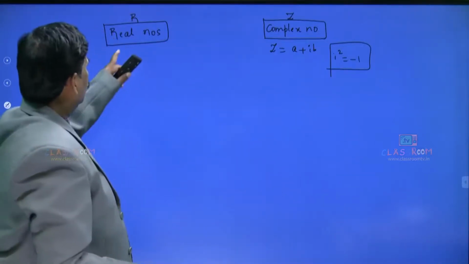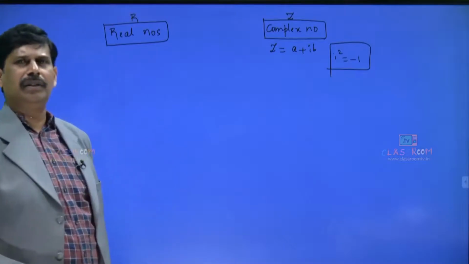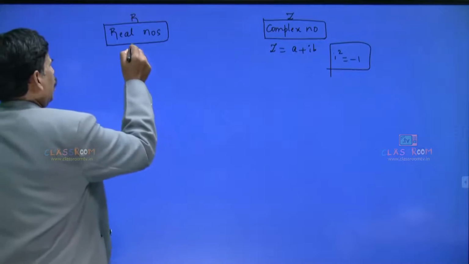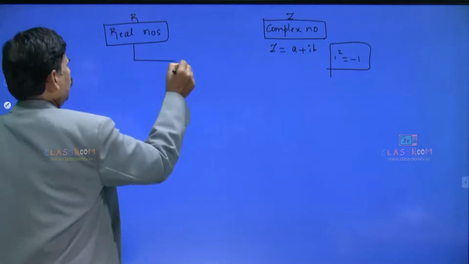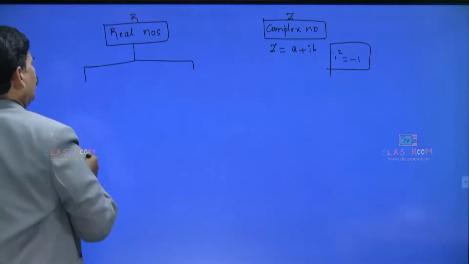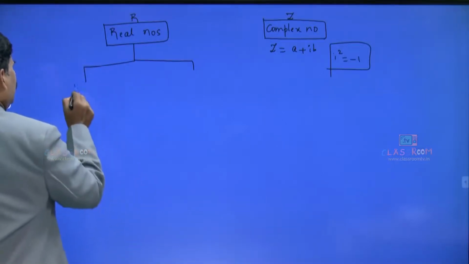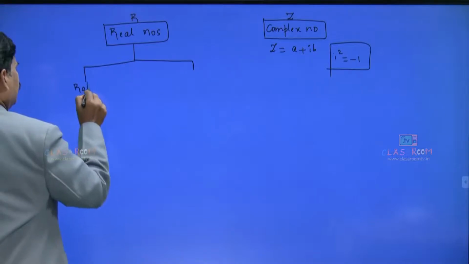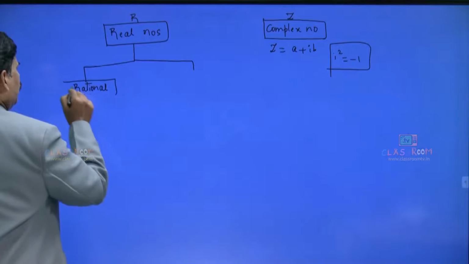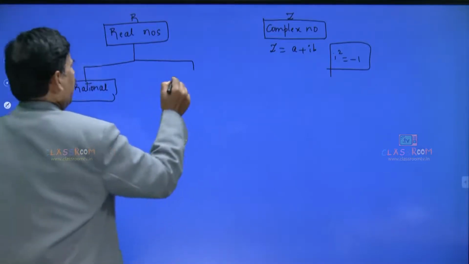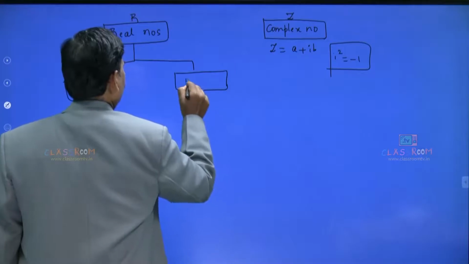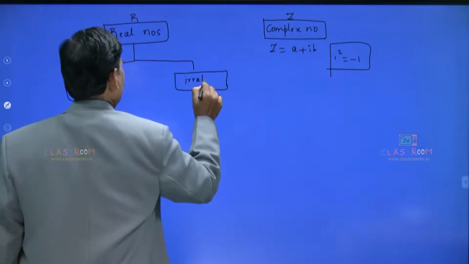Now these real numbers, what have we got? One, rational numbers, and another one, irrational numbers.